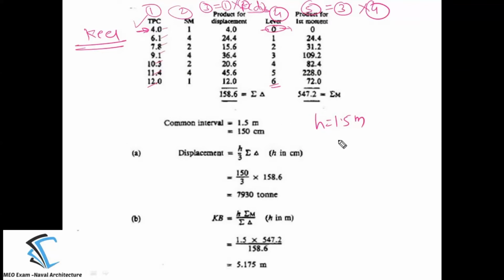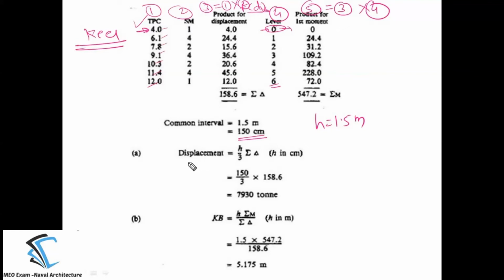The interval here is given h equal to 1.5 meter, but always keep in mind that whenever you have a TPC as ordinate, you have to convert this interval into centimeter, so it will be 150 centimeter.